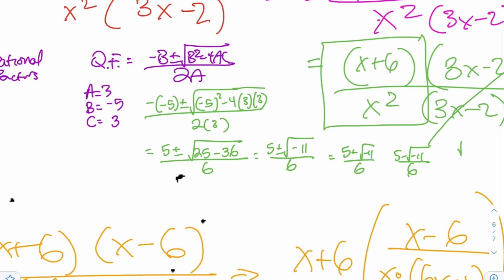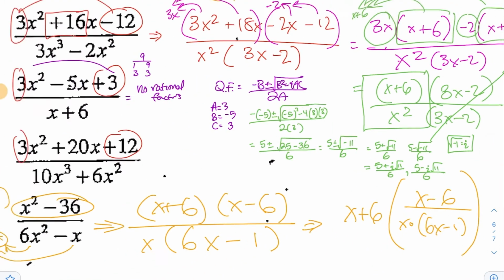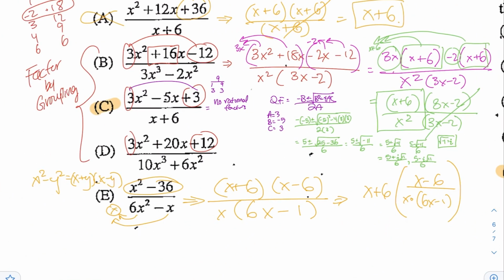And now the square root of negative 1 is equal to i, this imaginary number, just so that we can express it algebraically. So this would be 5 plus i root 11 over 6, and 5 minus i root 11 over 6. So of course that's not a factor of 6, so that's probably your answer.